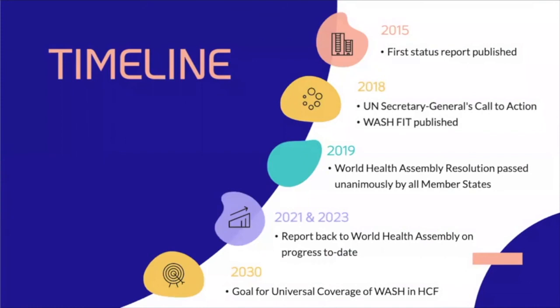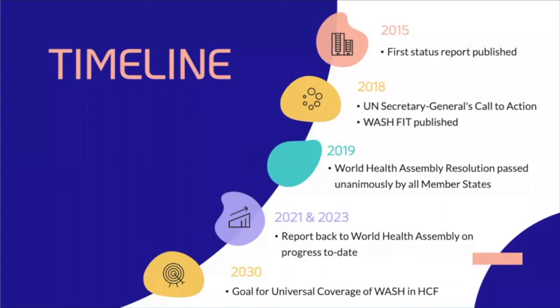So just in summary, to talk about global action and think about where we've been and where we're going. In 2015, a status report was published that really started to raise the alarm about the situation, recognizing that there were major gaps that we as a global community and practitioners should start to take action on. In 2018, there was a call to action from the UN Secretary General, really spurring the UN agencies into action and helping to give support for advocacy at the national level to move this issue forward, leading to the World Health Assembly resolution in 2019.